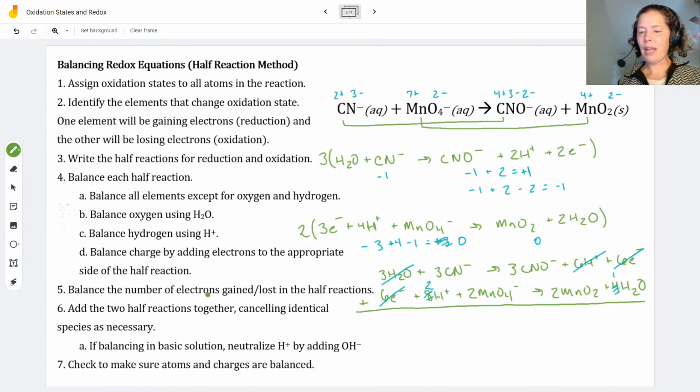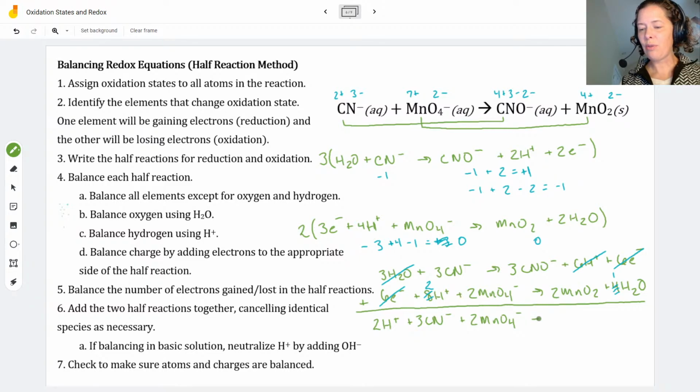So let's add these half reactions. Now I have to be careful that I keep things that are on the reactant side on the reactant side and things that are on the product side on the product side. So my water is gone. Of course, my electrons are gone. I have 2H plus. Then I have 3 cyanide, and I have 2 MnO4, which has a -1 charge.